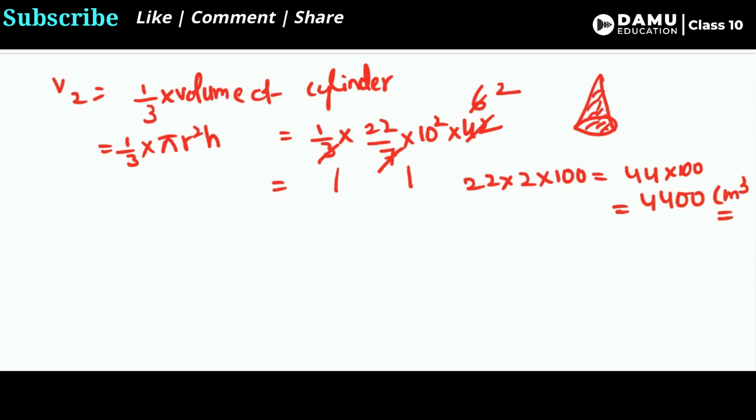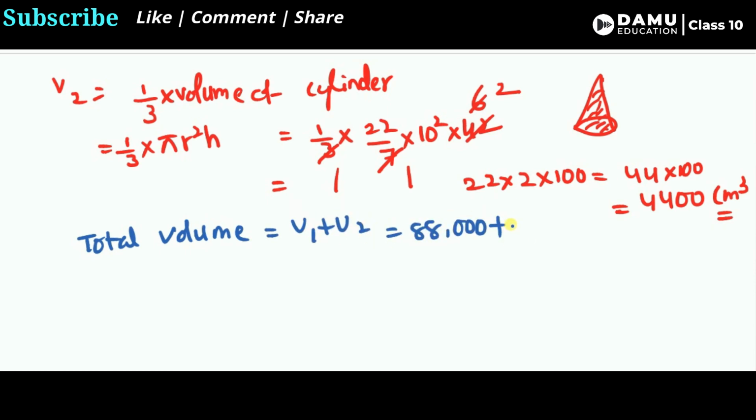So then finally, what is the total volume? Total volume of the iron pillar will be equal to V1 plus V2. So V1 is 88,000 plus V2 is 4,400. If you add them, we get 92,400. So the total volume is 92,400 centimeter cube.